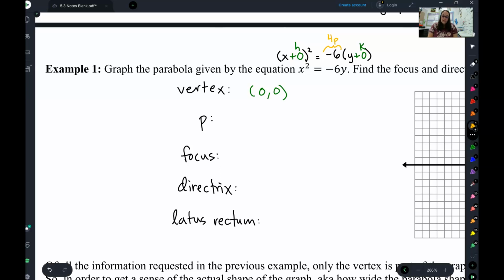We also know the latus rectum is going to be 6. Now, notice I dropped the negative. I don't need the negative because the latus rectum is a distance, it's a width, and we never talk about negative distance. So because that latus rectum is a distance from end to end of the parabola, we can just drop the negative. We don't need it.